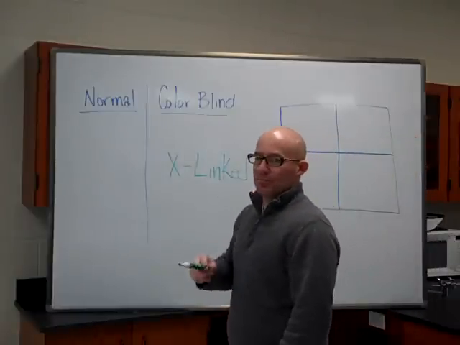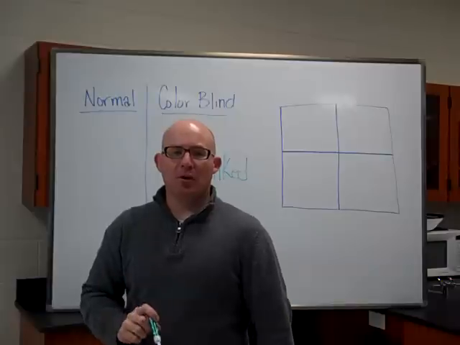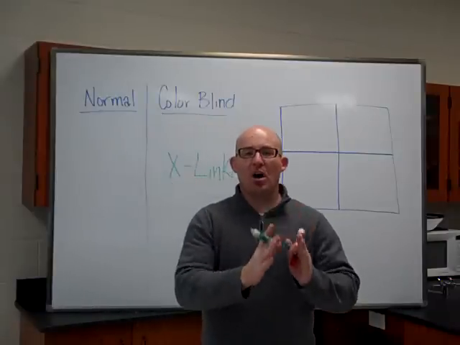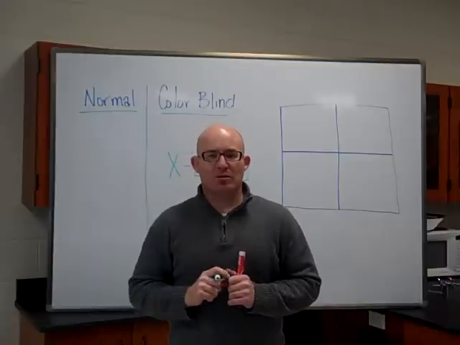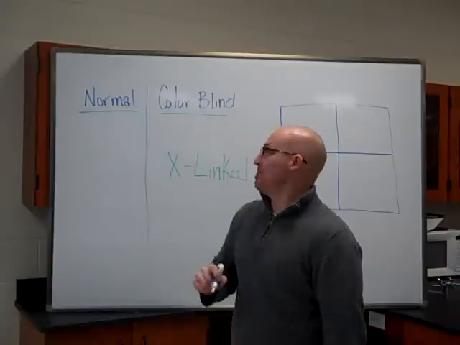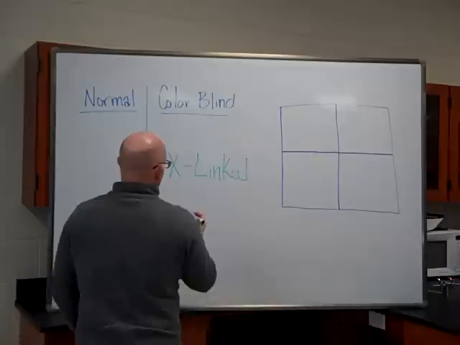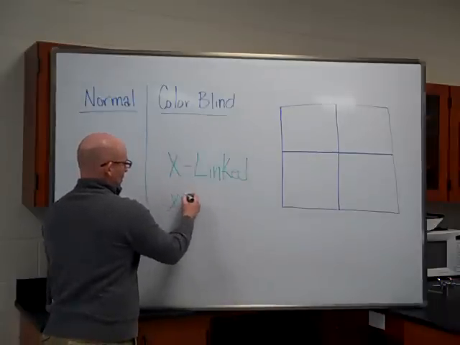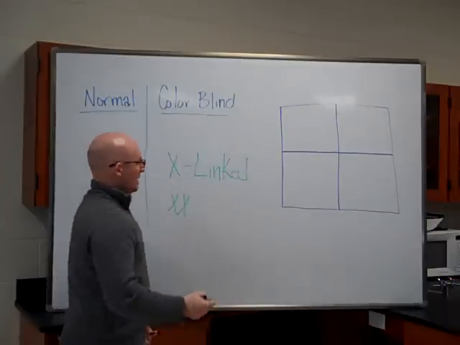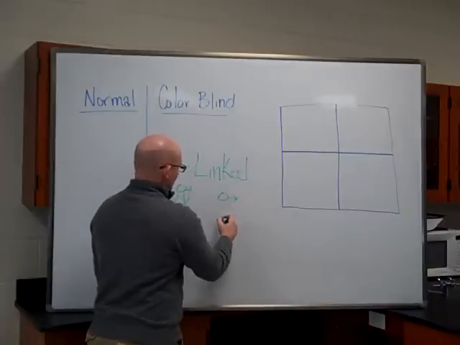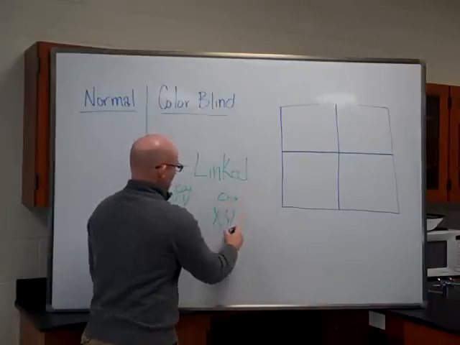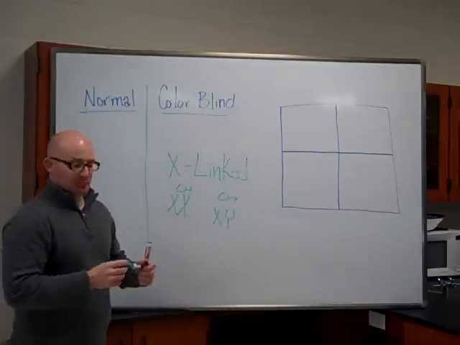Remember, review here: you have 23 pairs of chromosomes, 22 normal autosomes, and one pair of sex chromosomes. To be a female, you have two X's. To be a male, you have an X and a Y.